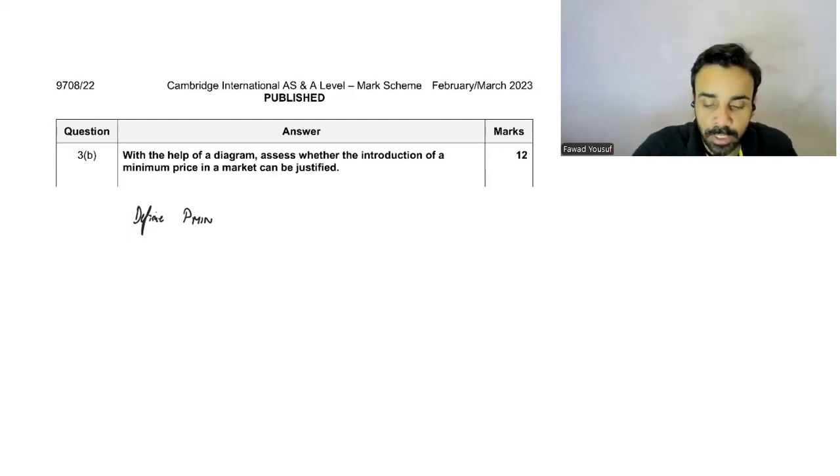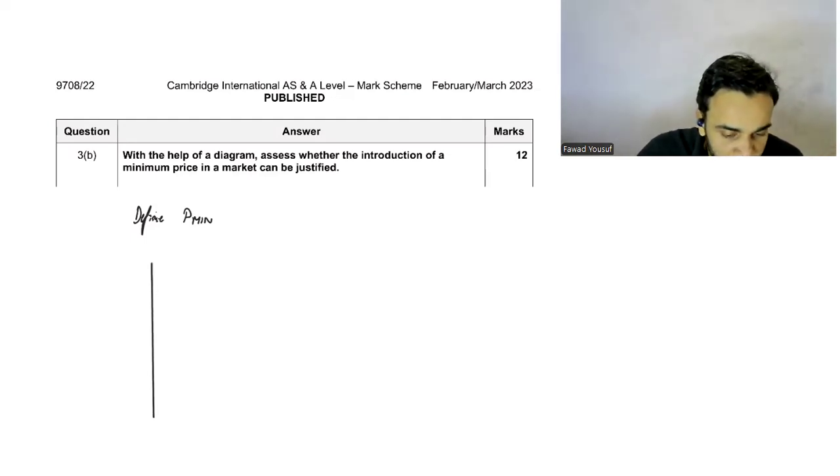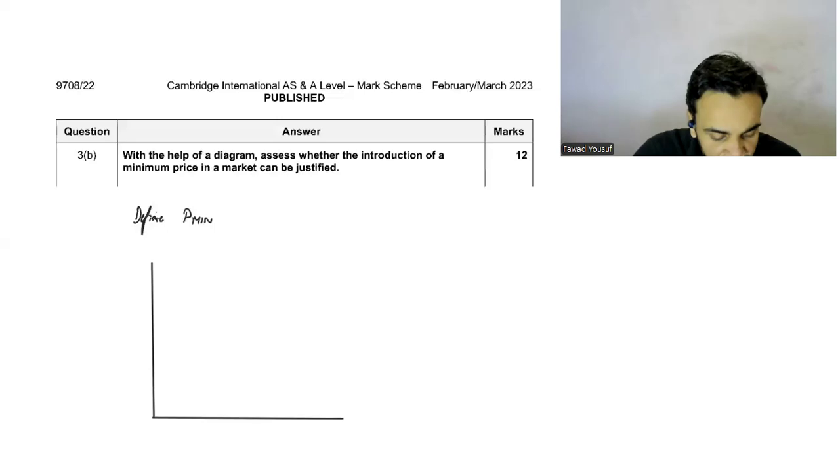That's your definition. Now whether it is effective or not, that's another thing. So what we know is, can it ever be justified, we have to make the case that yes, P minimum is justifiable, so let's impose it.